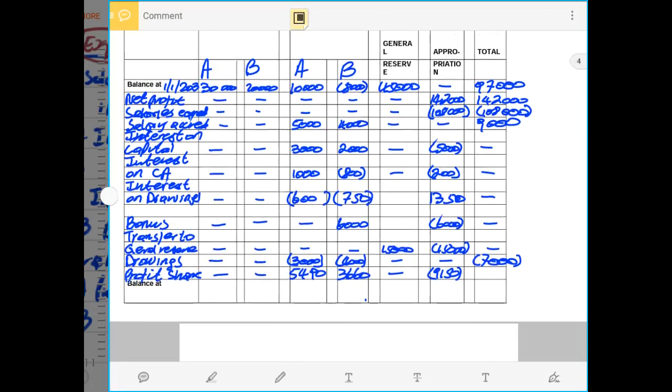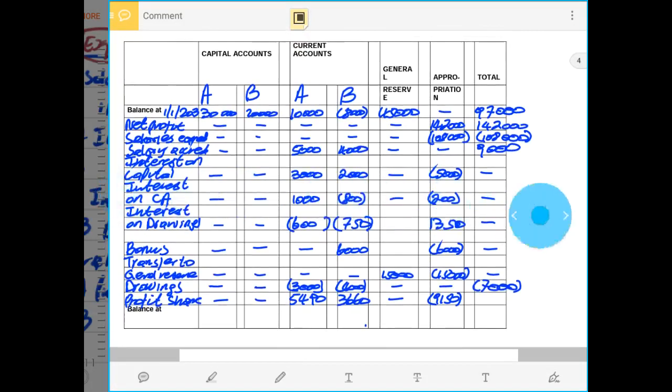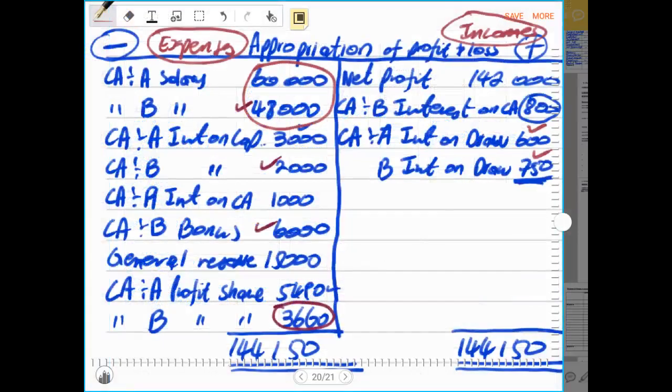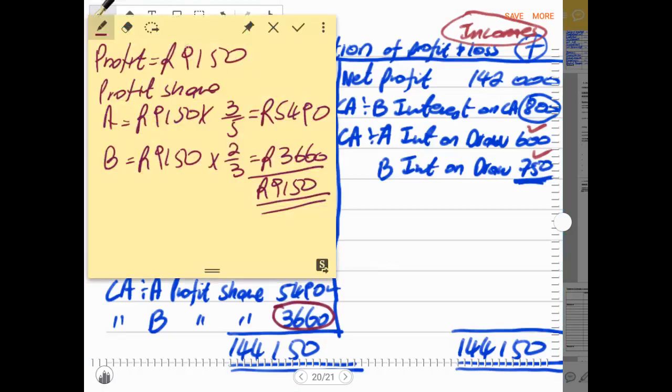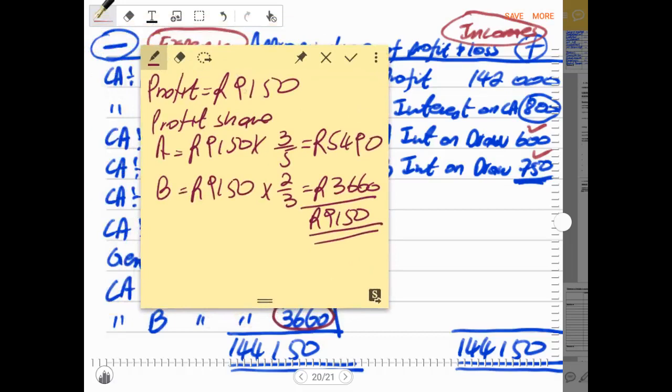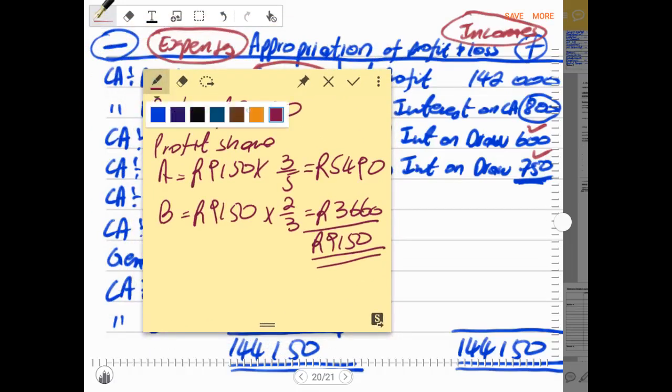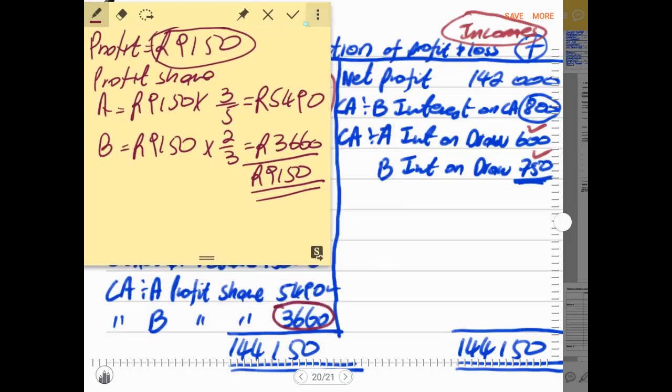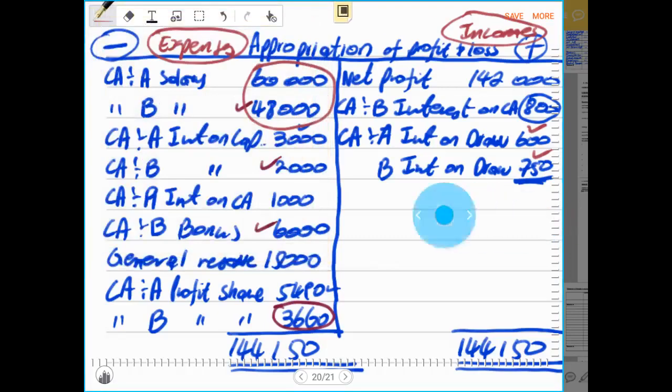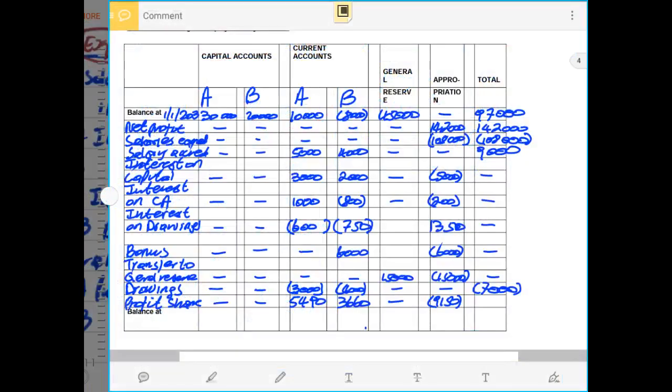Now remember, if you were not required to do this ledger account, you will still be able to calculate the profit share in the statement, because in this case we just said total credit side minus debit side. That gave us an amount of 9,150. So in this case, if we're not required to do this ledger account, we still allocate the profit accurately.